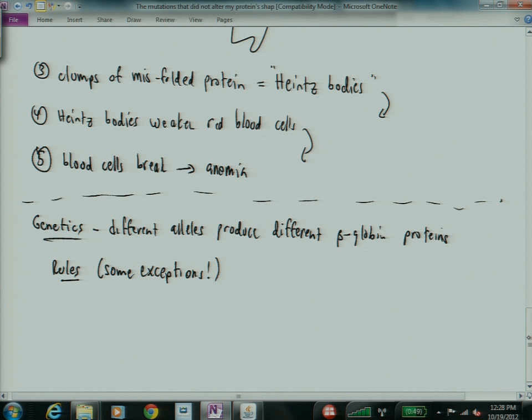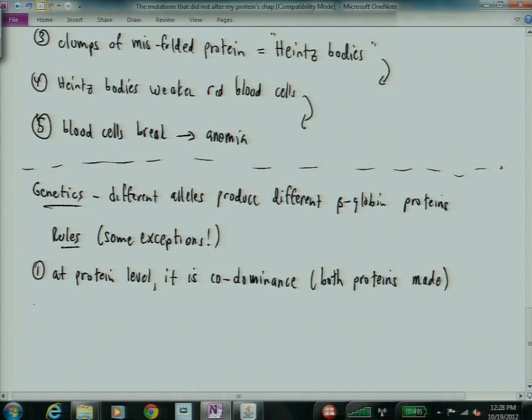Number one, at the protein level, it is codominance. That is, both proteins are made. You got two alleles, you make two kinds of protein if they're different.